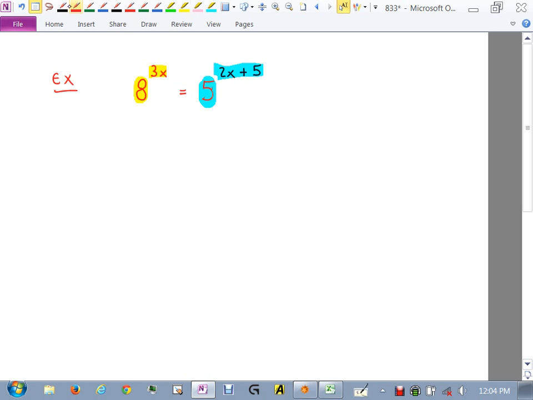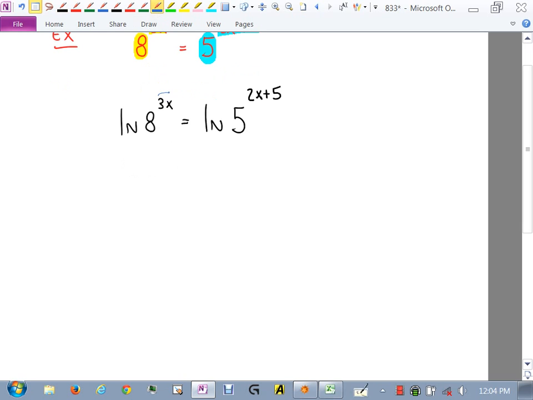So I'm going to come in here with the natural log of 8 to the 3x equals natural log of 5 to the 2x plus 5. I am now free to drop the powers down in front of the logs.